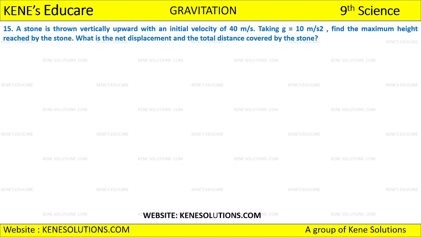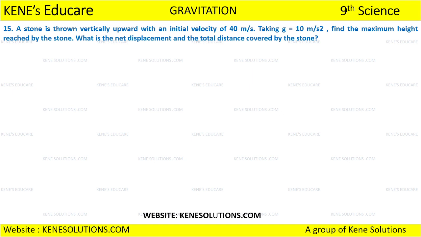Then we have the 15th question: a stone is thrown vertically upward. Now, vertically upward, so g will be negative, with an initial velocity of 14 meter per second. Taking g as 10 meter per second square, find the maximum height reached by the stone, and what is the net displacement and total distance covered by the stone.